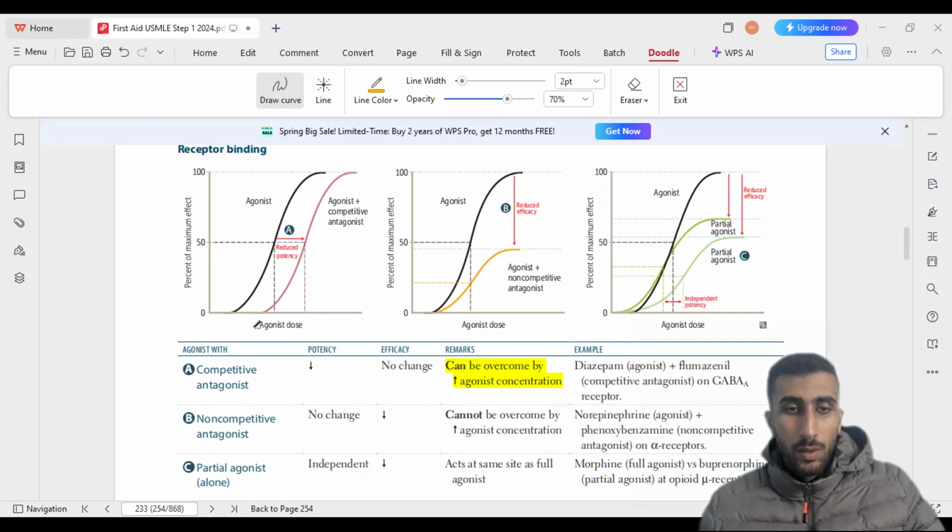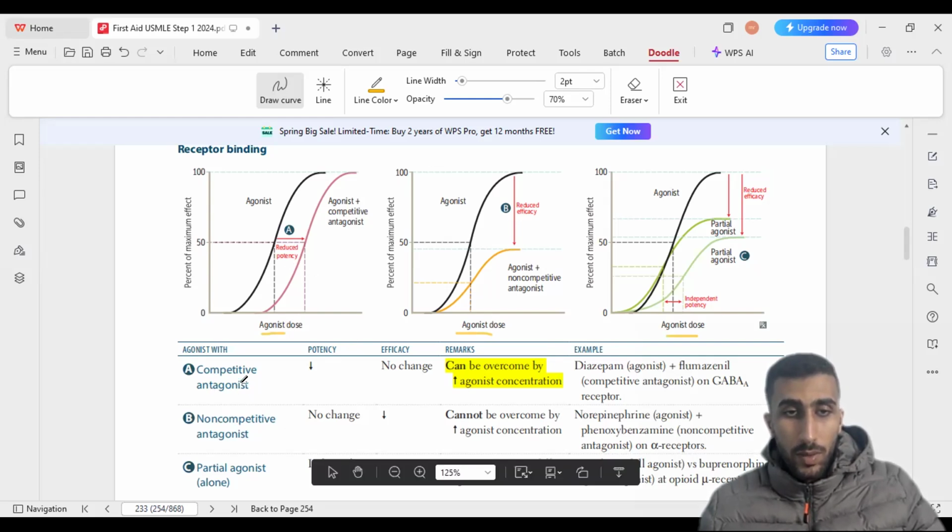On the x-axis is the dose, and as we go to the right, it increases. On the y-axis is the maximum effect. From our previous episode, the maximum effect translates into efficacy, and the dose translates to potency.